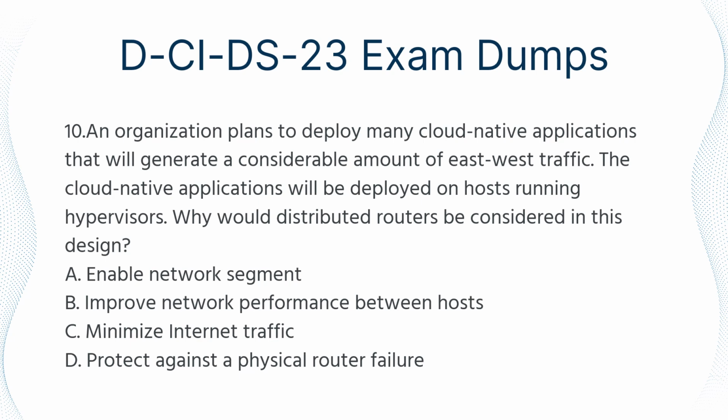Option C, minimizing internet traffic, may not be directly impacted by the use of distributed routers within a data center environment, as they primarily handle east-west traffic between hosts rather than traffic to external networks. Option D, protecting against a physical router failure, is a valid consideration for high availability but may not be the primary reason for deploying distributed routers. Distributed routers primarily aim to improve network performance and reduce east-west traffic latency within the virtualized environment.